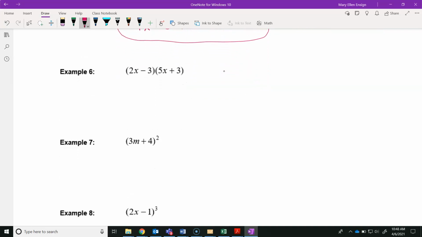Next one is one of those FOIL problems. So again, if I'm thinking about the process, 2x gets multiplied by 5x, 2x gets multiplied by 3, and then negative 3 gets multiplied by 5x, negative 3 gets multiplied by 3. So I get 2x times 5x is 10x squared. 2x times 3 is 6x. Negative 3 times 5x is negative 15x.